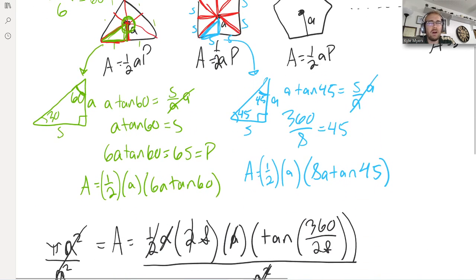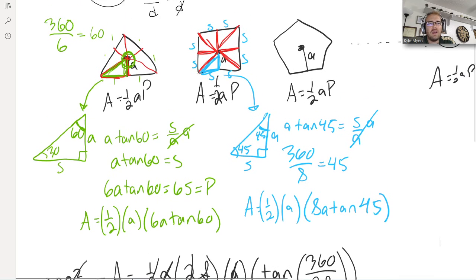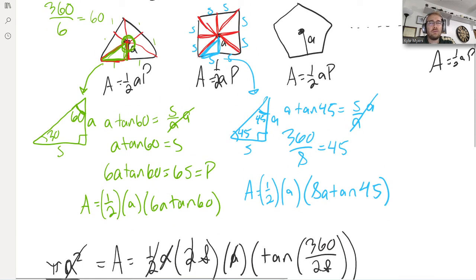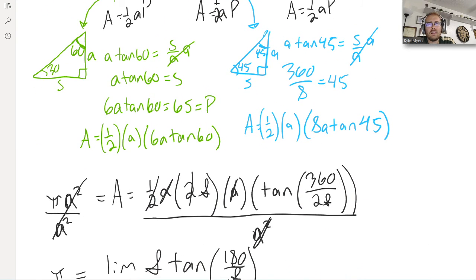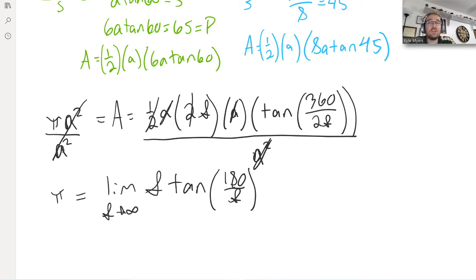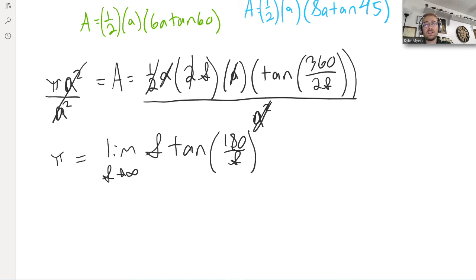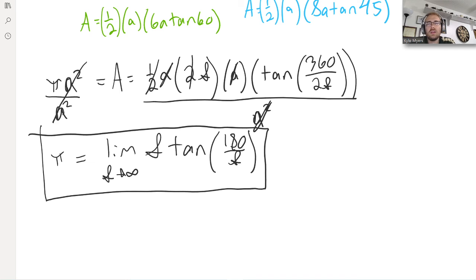When you take the regular polygon formula, 1/2 AP, and then create the formula for when you don't have the perimeter, which would be 1/2 A and then 2s a tangent of 180 over s, and you set it equal to the area of the circle formula and solve it, what you get is a formula for pi itself. So if you were to plug this into a calculator, and go ahead and pause this if you'd like, this is what you would do.